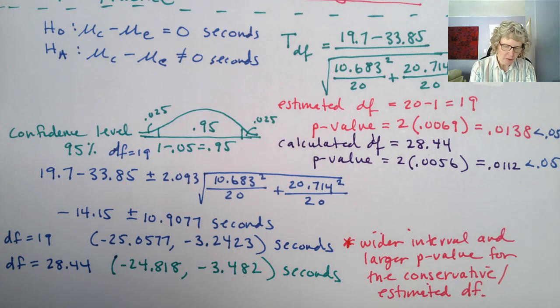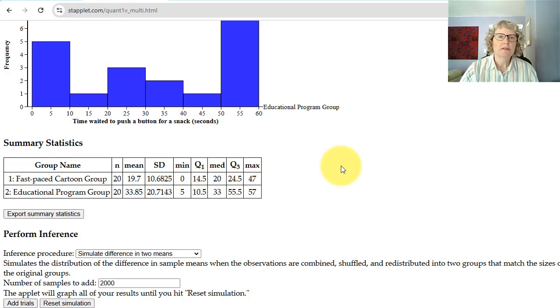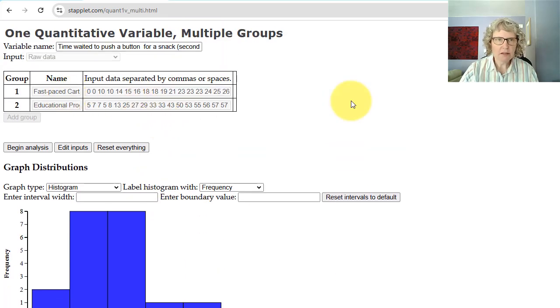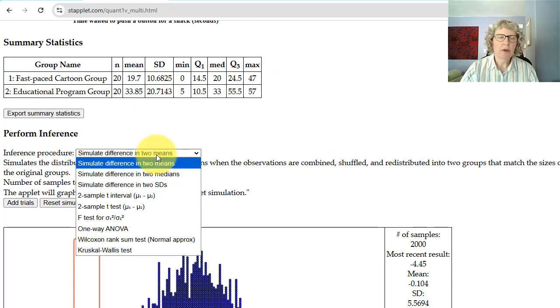Okay, so I want to show you both of these on the theoretical calculator, and then we'll write our conclusion out. So yeah, this video is maybe a little bit longer. So back to our Statlet where we have our original data in, right? Since we already have it in here, and we did a simulation before, but we also have theoretical calculators at the bottom.